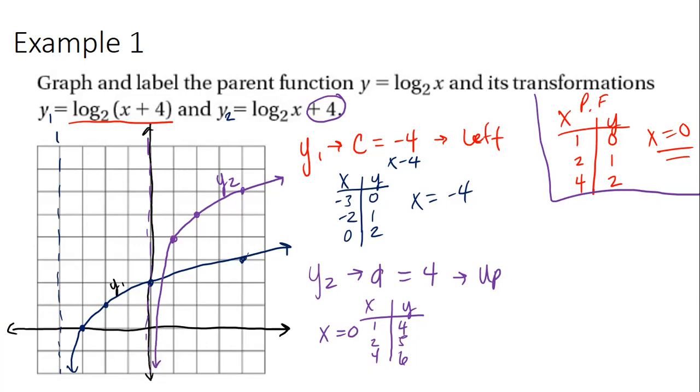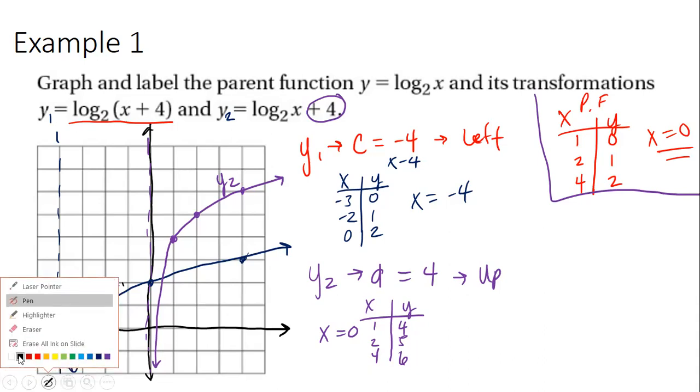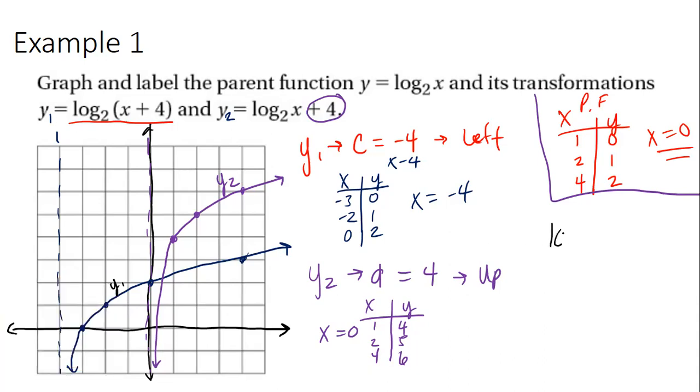Okay, if you have both happening, it would look like the y2, but shifted to the left. And our parent function? Oh, yes. So if this was a combined, like you said, it will be log base 2 of x plus 4, plus 4.